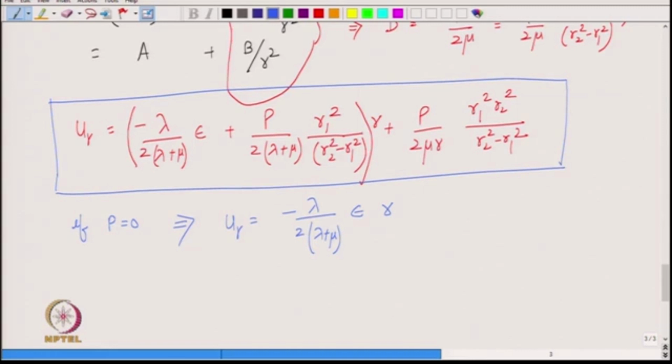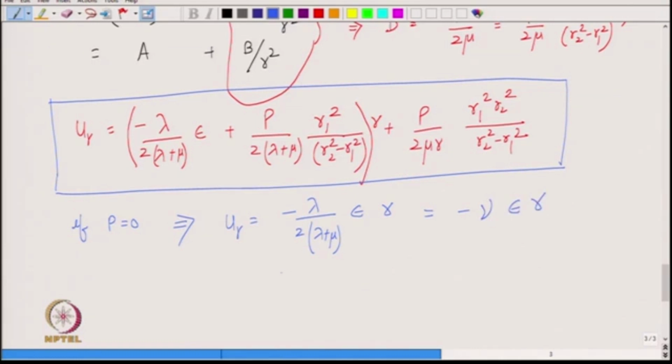And you know, when you relate lambda and mu with Young's modulus, shear modulus and the Poisson's ratio, it turns out this lambda over 2 times lambda plus mu is actually the Poisson's ratio. So, this is then minus nu the Poisson's ratio times epsilon times r. So, that is your u r.